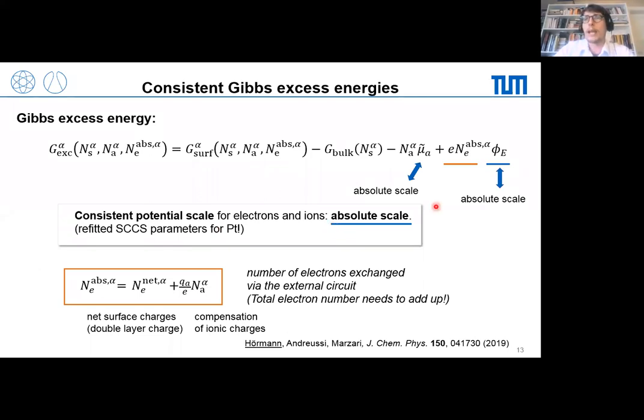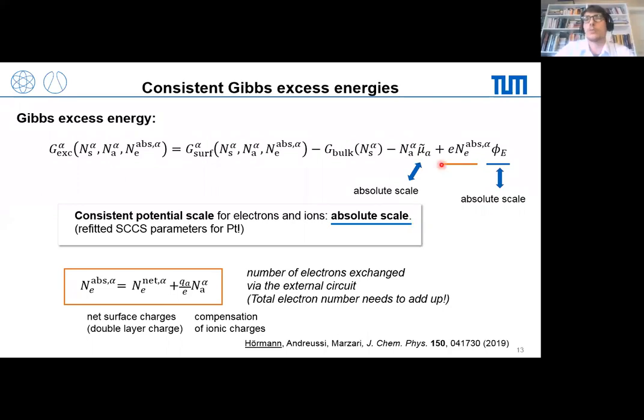So we've now clarified that, at least within the parameters of our implicit model, we should express the electrochemical potentials for electrons and ions on an absolute scale. I'll get into this in a minute.